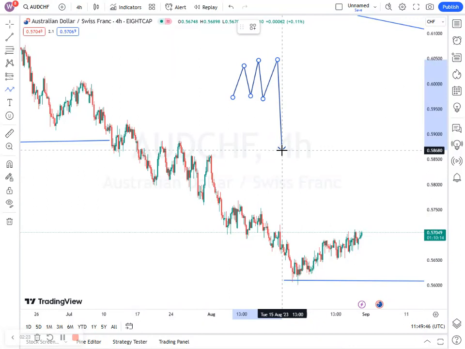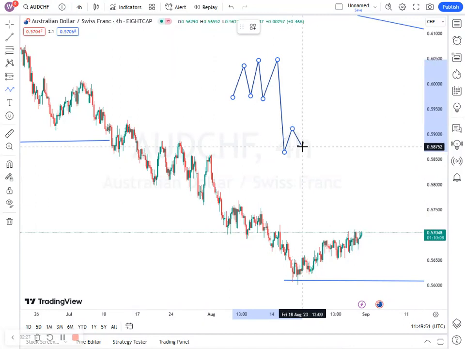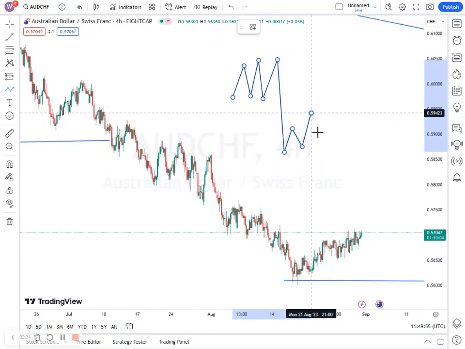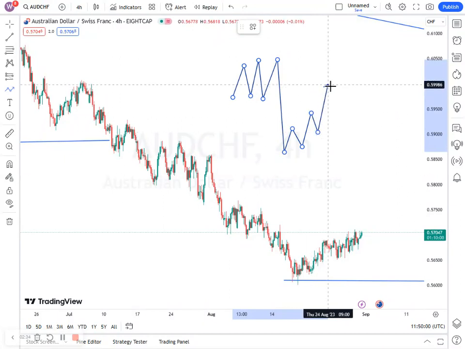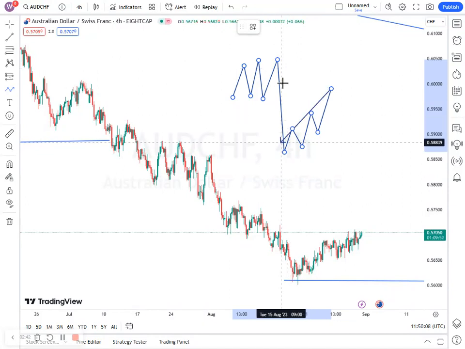Then you have what you call a pullback, which is meant to be called a mitigation stage, when price comes back into this range that was created here. Immediately price comes back into this range, you look for a selling opportunity to continue this long down move that we created.